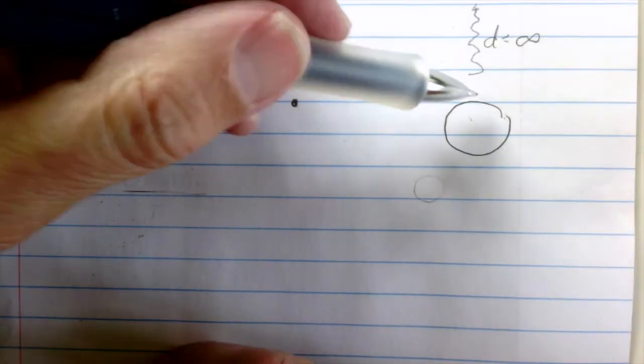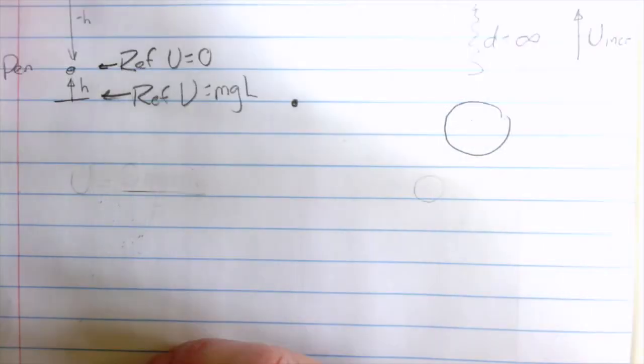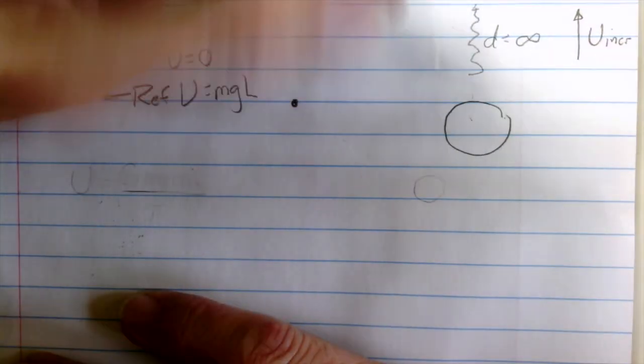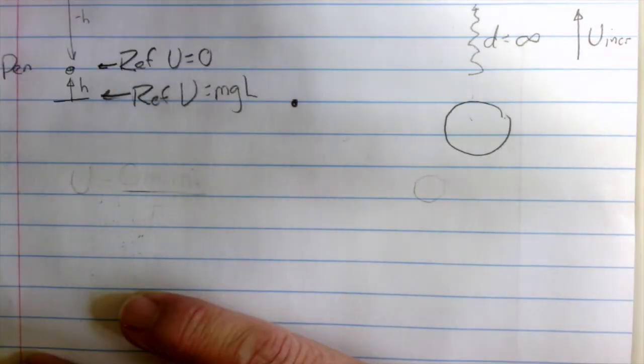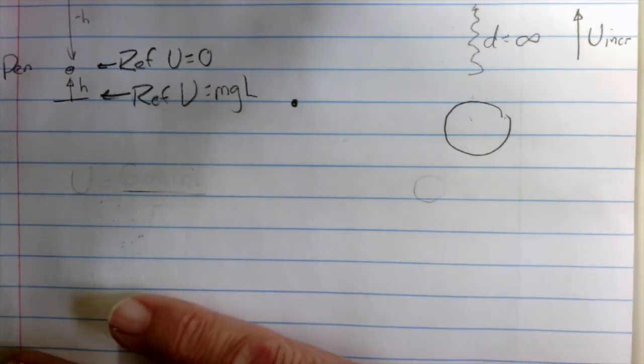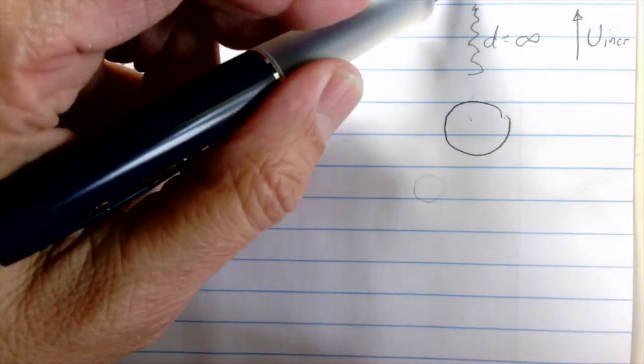Now let's look at the planetary case. Let's just say you've got Earth here. And we know as you go up in that direction, U increases, right? U gets more positive as you go higher and higher. Well, let's pretend we go infinitely far away. If U is continually increasing, it doesn't make any sense to have this infinitely huge potential energy up here.